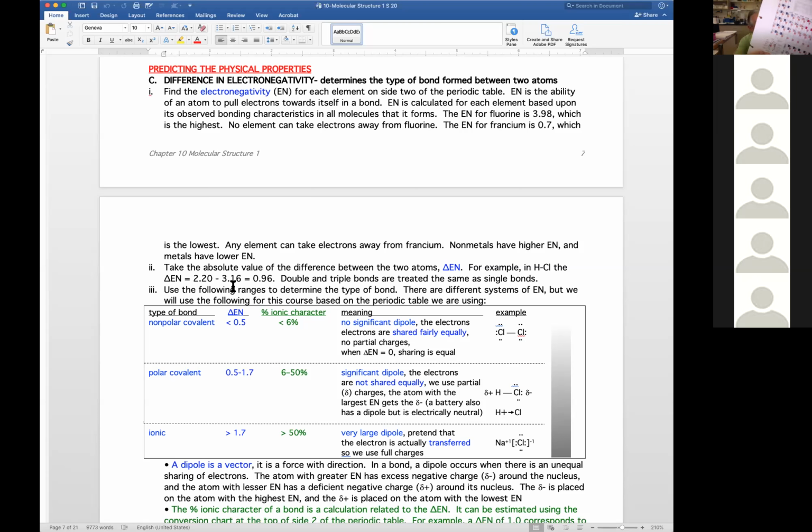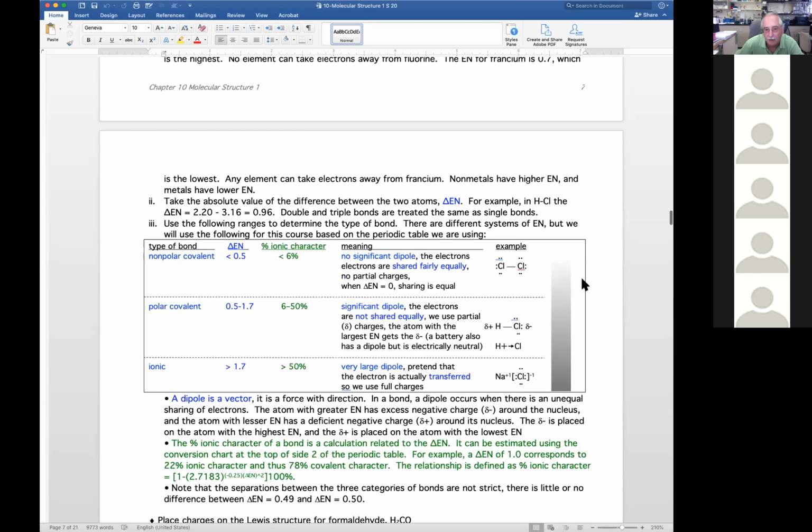That's where I got those numbers from. So what we're interested in is the relativity. What is the relative electronegativity from one to the other? And this happens to be 0.96. So this is how you get the difference in electronegativity. And double and triple bonds are treated the same as single bonds.